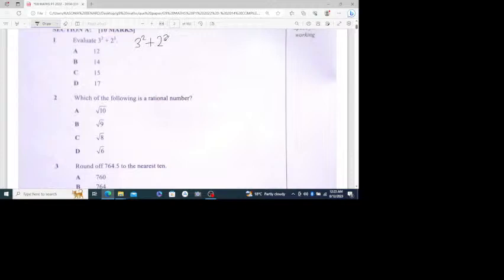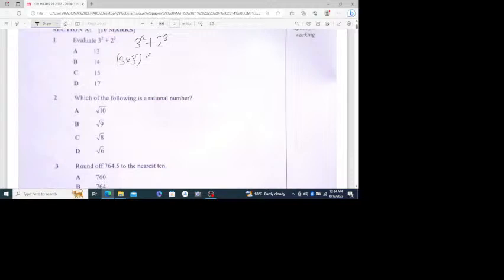The first thing we need to do here is expand this. 3 raised to the power of 2 means we multiply 3 by itself twice. So I'm going to open bracket, write 3 multiplied by 3, since it's 3 raised to the power of 2, close bracket. You do this so that you don't have to worry about the plus sign.